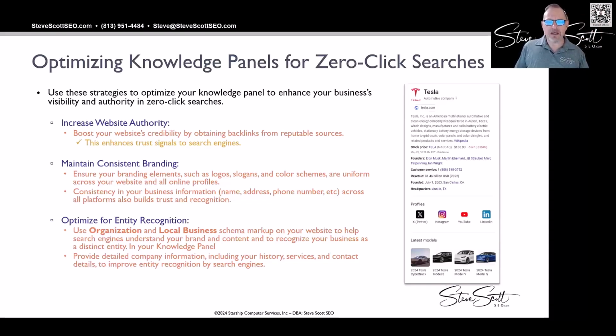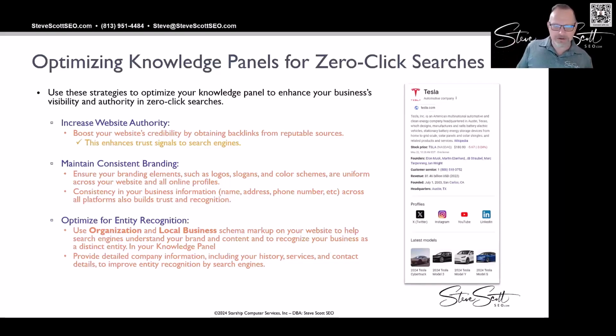You also, besides increasing website authority for that knowledge panel, you want to maintain consistent branding, right? Ensure those branding elements like your logos, your slogans, your color schemes are uniform across your website and all other online profiles. So if you've changed your logo, make sure that you change it everywhere, right? Make sure it's on your Instagram and your Facebook and your YouTube and your LinkedIn.